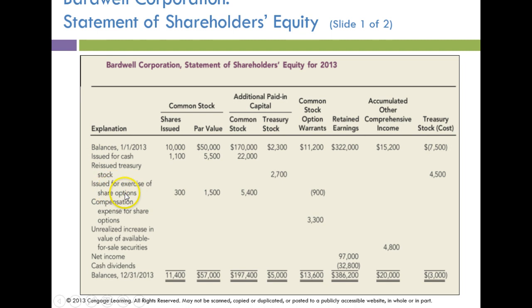We've got issued for exercise of share options, compensation expense for options, and unrealized increase in value of available for sale securities. My gosh, we add our net income, subtract our dividends, and now we end up with our ending balances. So you see, it's become a lot more complicated than just owner's equity, right?